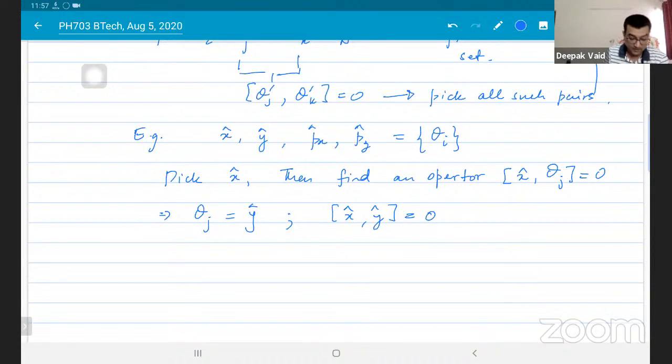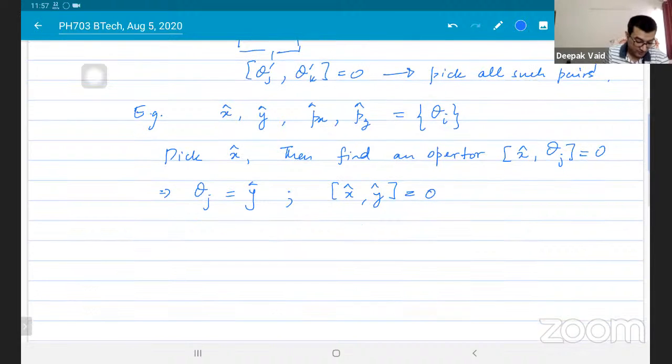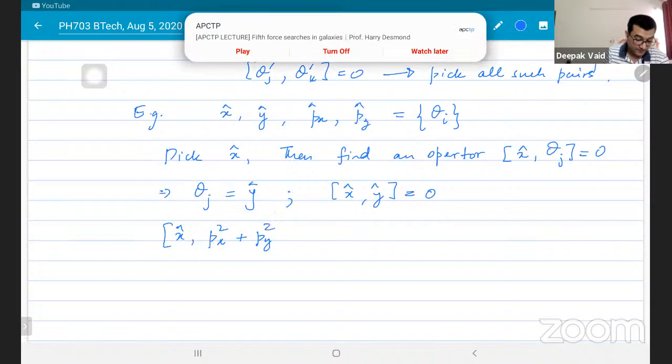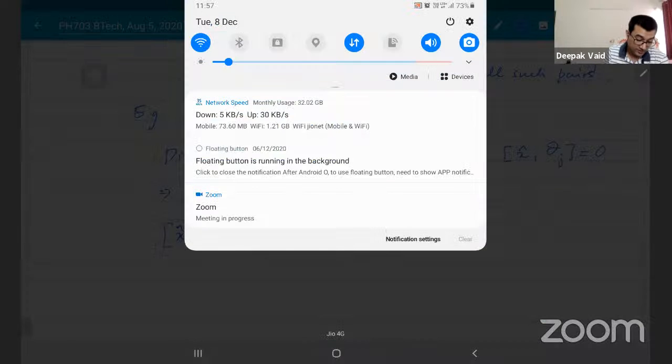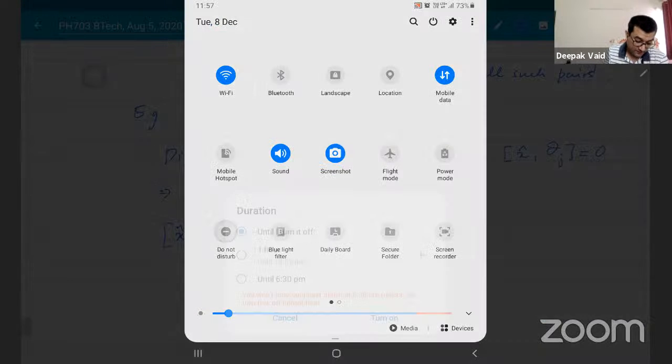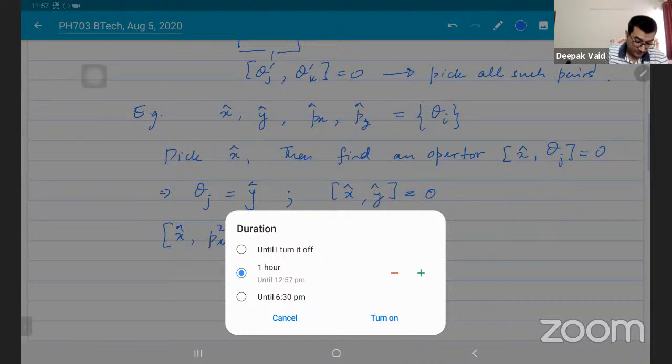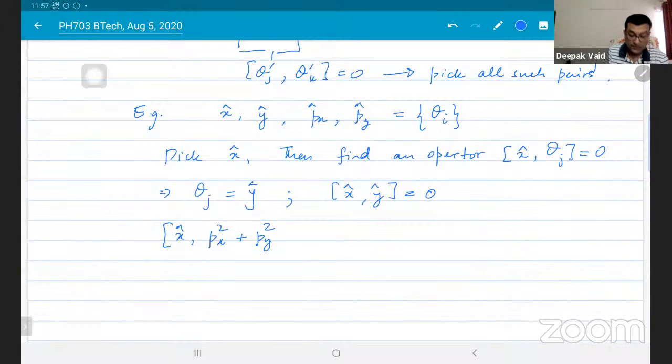You can construct that operator by taking a combination of these momentum operators.